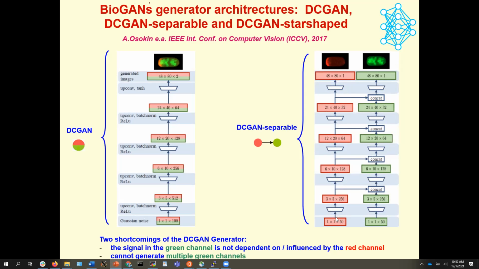The red channel is produced independently from the green channel completely. But generation of the green channel is dependent on the red channel. It is influenced by the red channel by these concatenation transformations.